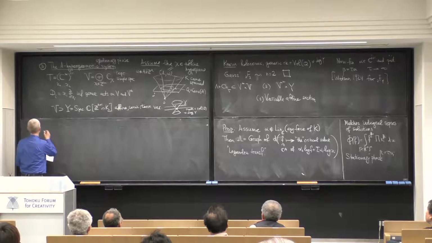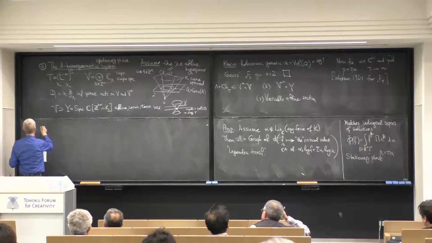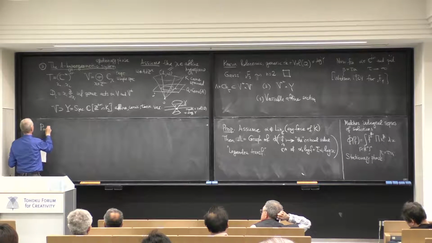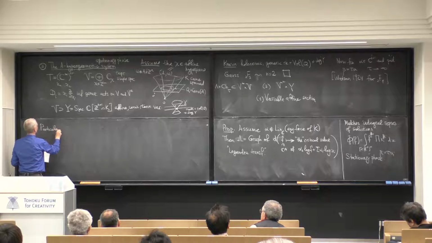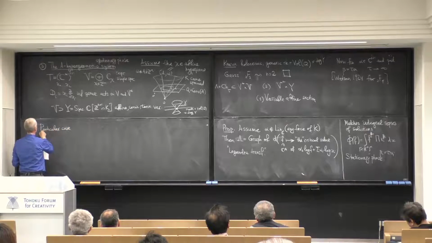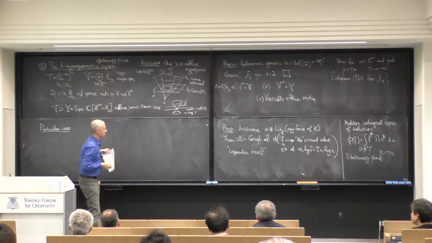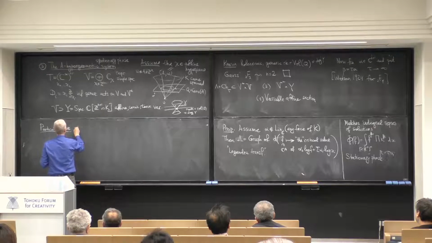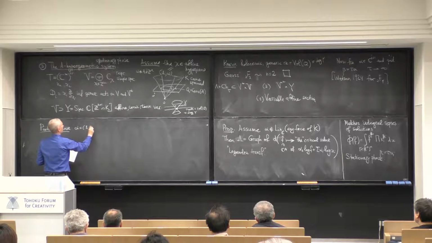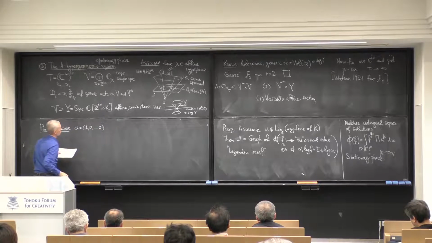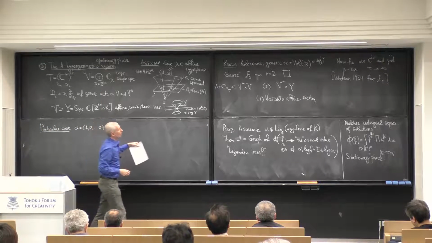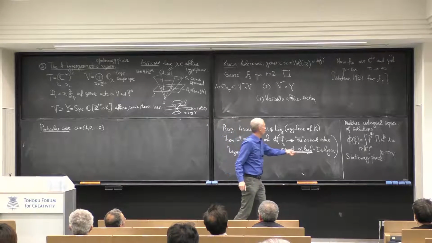Let's look at a particular case. So what would be the simplest example? Well, if we take alpha to be 1, 0, 0, then the condition means that we want to drop all the alphas.